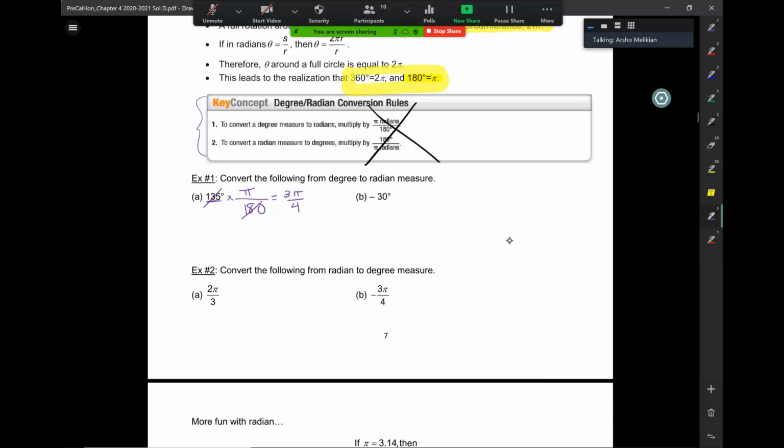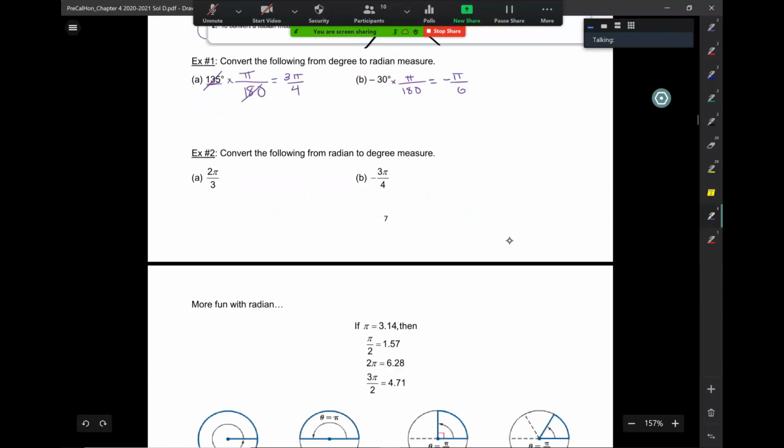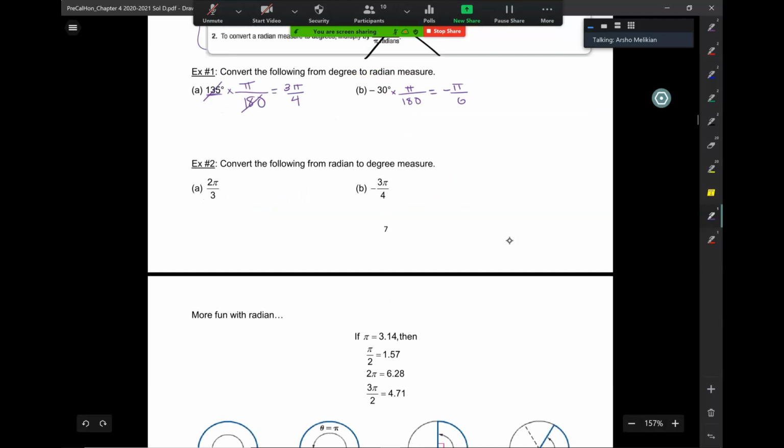All right, here, negative 30, I do times fraction bar. Degrees is on top, so I put it on the bottom. That leaves pi for the top. Negative pi over 6. And if we were to go in the opposite direction, same thing. Now, pi is on top, so it goes on the bottom, and 180 goes on top.